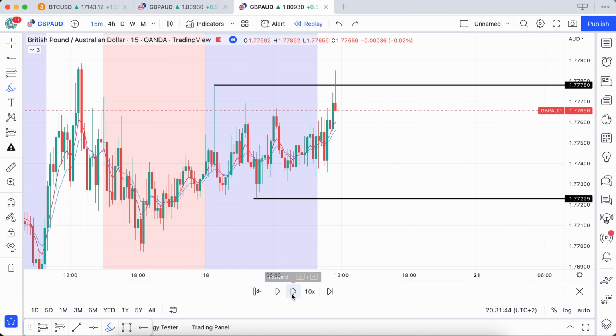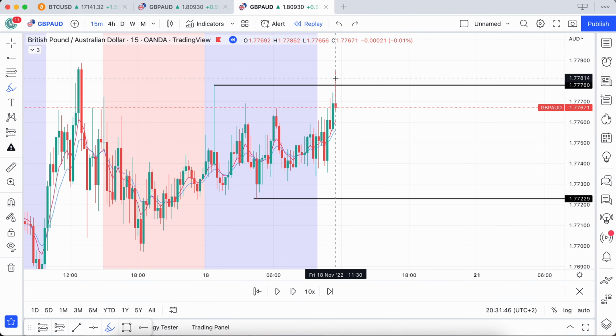Okay. Another candlestick, boom. We have this candle that actually retested the Asian session high. It showed a spike above it and then came back all the way below.